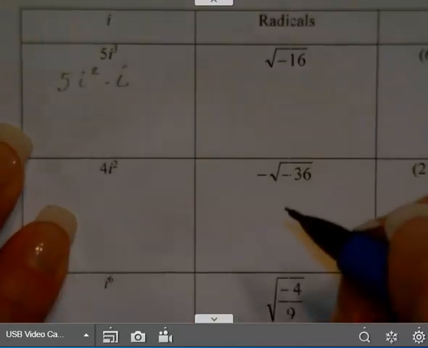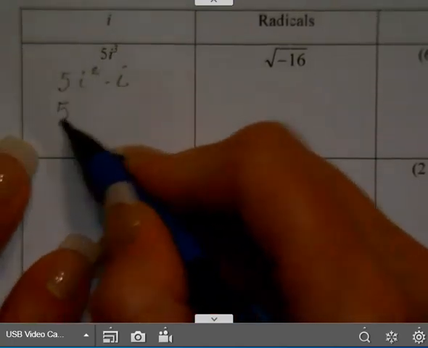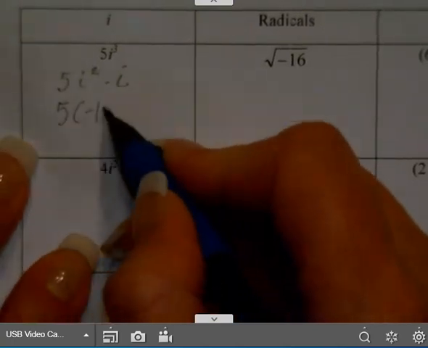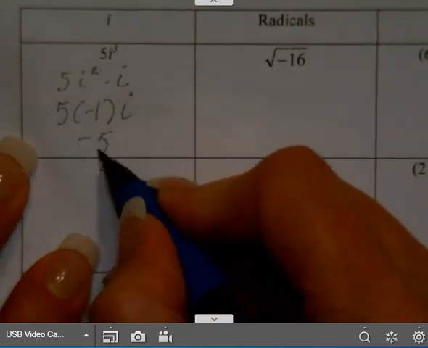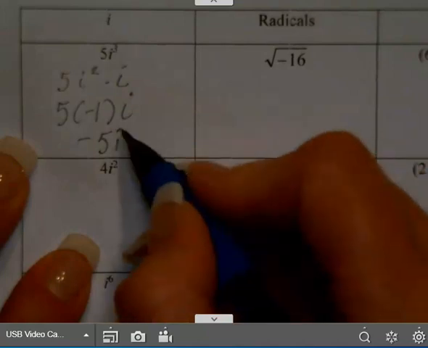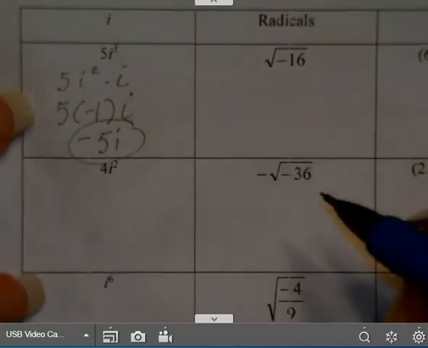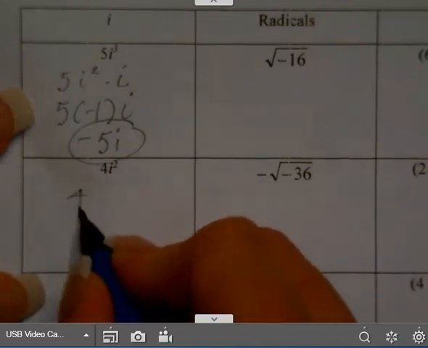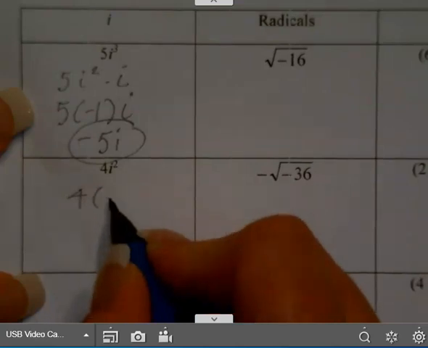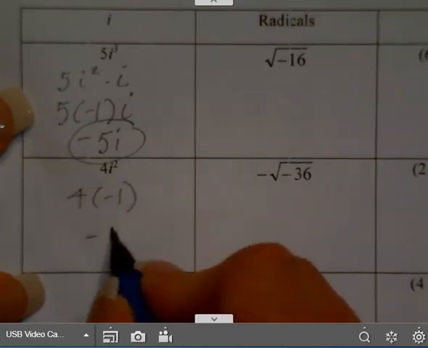That's still i to the 3rd. And i squared is defined as -1. So this will be -5i for my final answer. For the next one, I have 4i squared. So this is 4, and anytime you see i squared, you're going to replace that with -1. So that's going to give you -4.